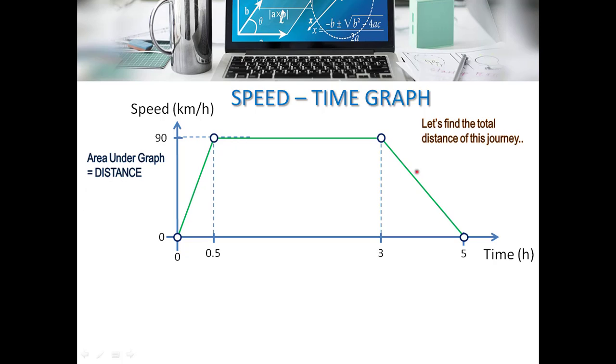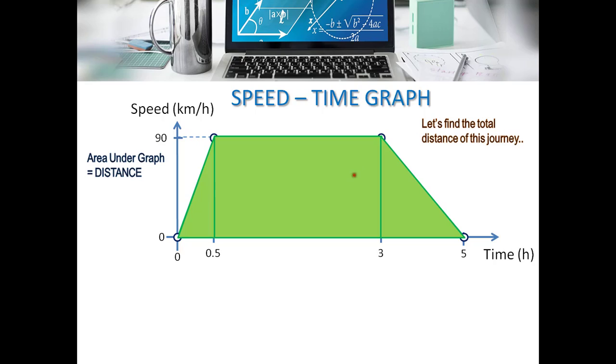So for this presentation, this is the area under the graph. Under which graph? Under this graph, this straight line. You just trace it. So you will have a triangle over here, plus a rectangle over here, and another triangle over here.